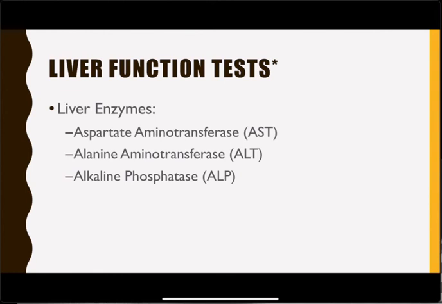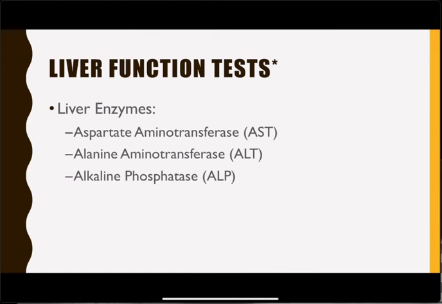It's a very similar idea to cardiac enzyme testing. We're looking for things circulating in the blood that really shouldn't be there. These are intracellular enzymes, enzymes that should normally live inside of a hepatocyte.